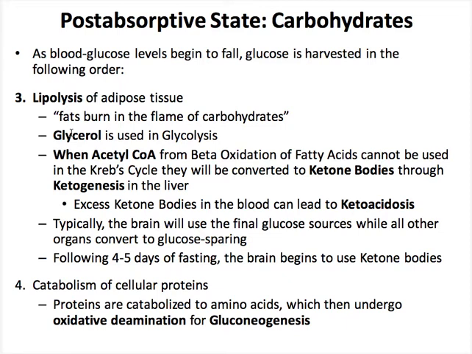However, what we see here is even if you can use the keto acids from the fatty acids, you do have that limiting step where acetyl-CoA formed either through glycolysis in the transitional phase or acetyl-CoA formed through the beta oxidation of fatty acids, if it can't be used in the Krebs cycle, then you have to convert it into another form.